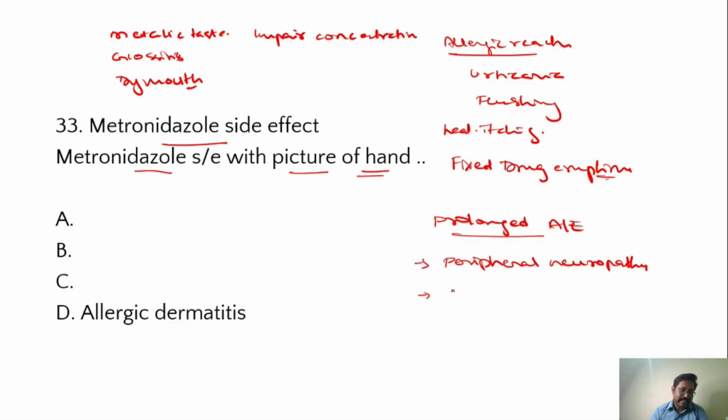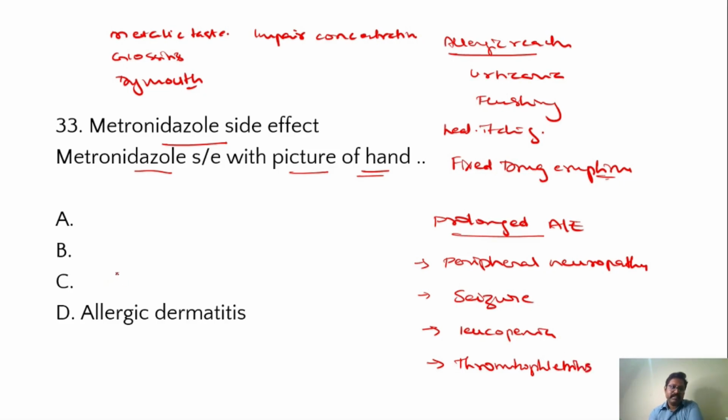It can increase the risk of seizures. It can cause leukopenia, and also thrombophlebitis. So if anybody gets the option, please comment it in the comment box so that we can complete this question.